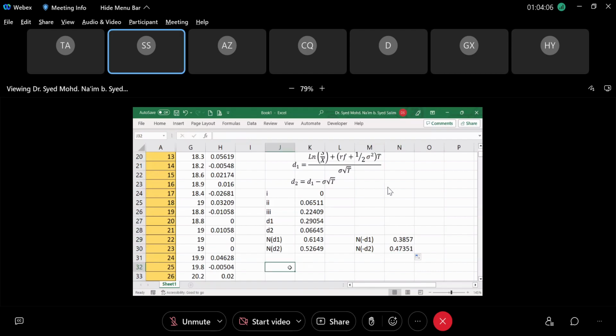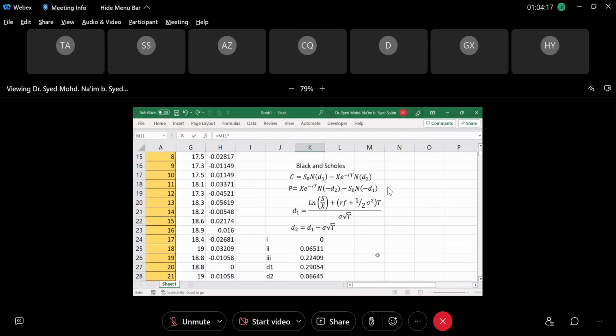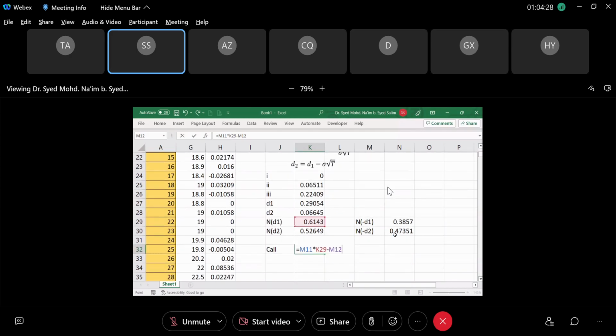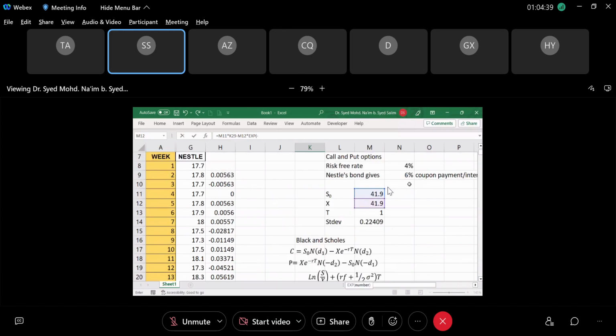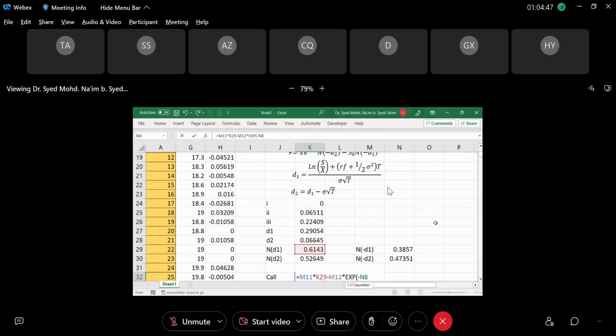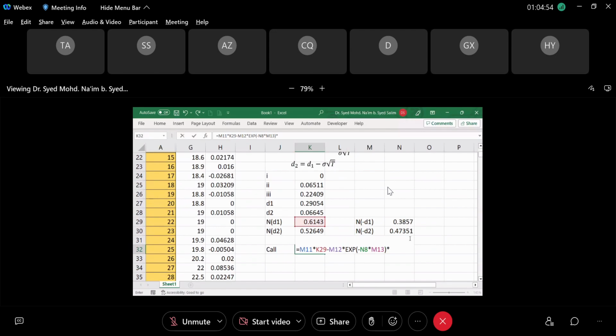Okay, here the price of the call is equal to the normal distribution of d1, minus x multiplied with the exponential of negative risk-free rate times t, multiplied with the normal distribution of d2.